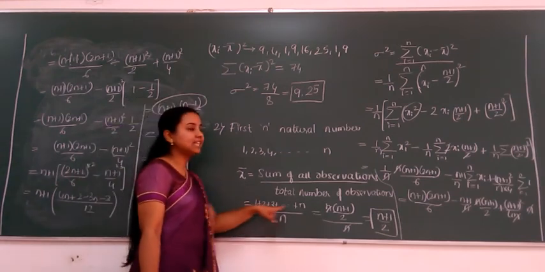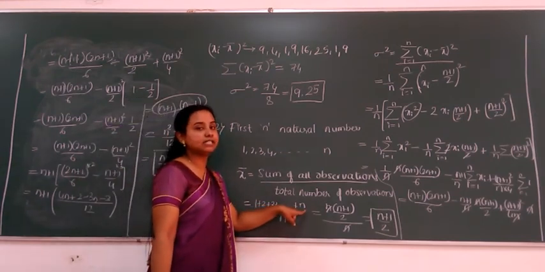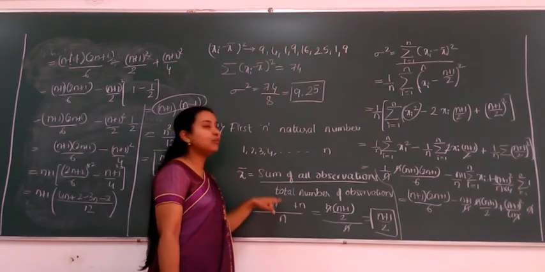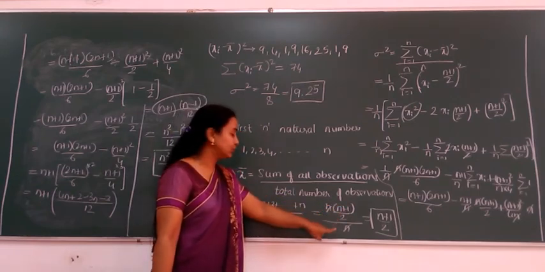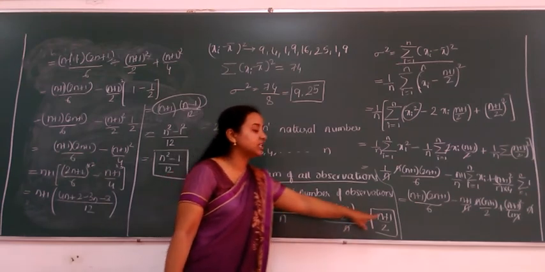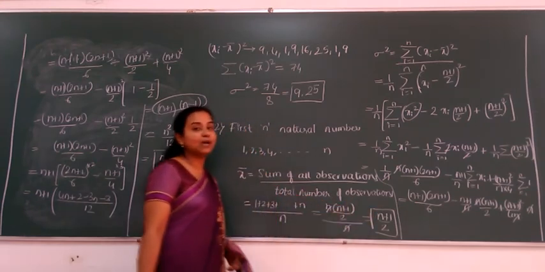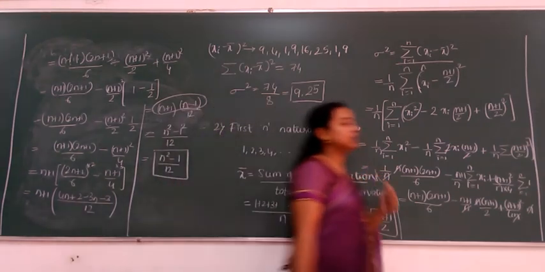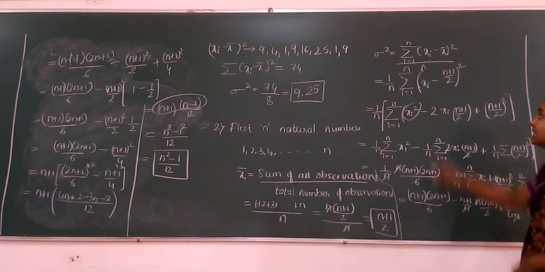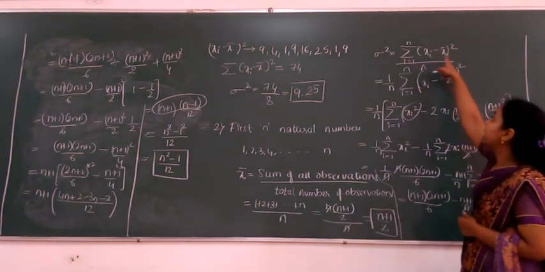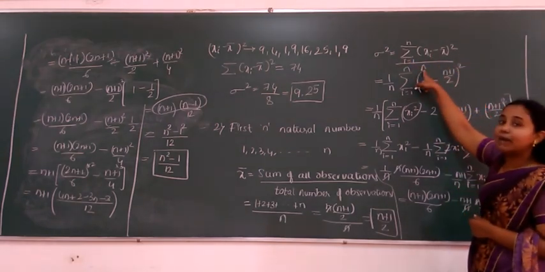So the total sum, which we have already learned in sequence and series, the sum of n observations is n into n plus 1 by 2, divided by n. After simplification, you will get the mean as n plus 1 by 2. So as given, to calculate the variance, we take the basic definition. What is the basic definition of a variance? It is summation of xi minus x bar whole square divided by n.